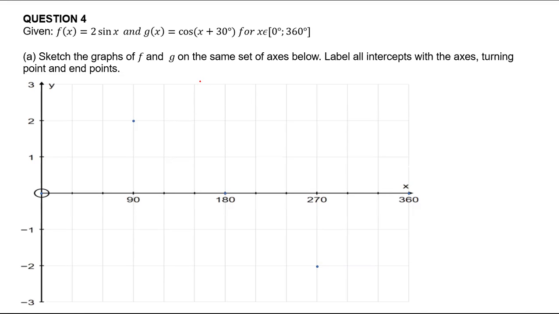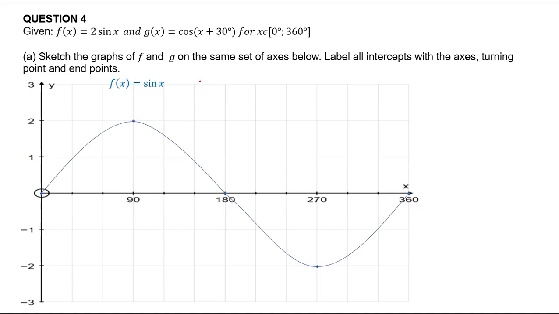And then just draw your graph by connecting those dots, and this is what you will get. This will be the graph of sin x, and that's it. Obviously, I'll write the coordinates at the end.